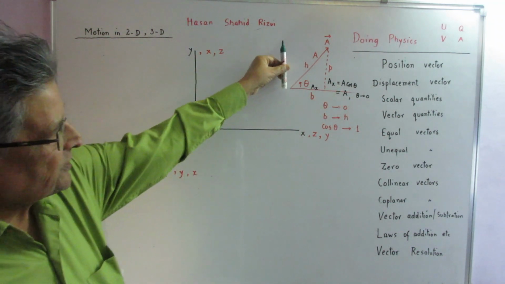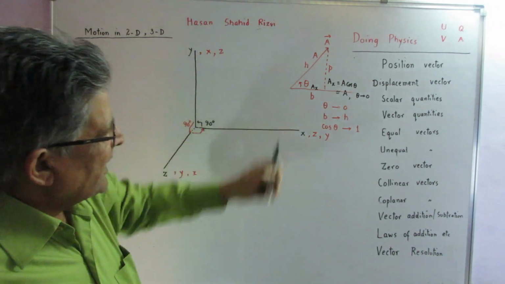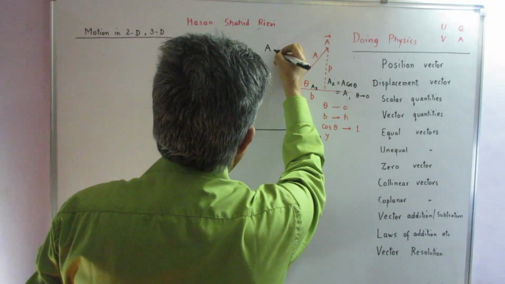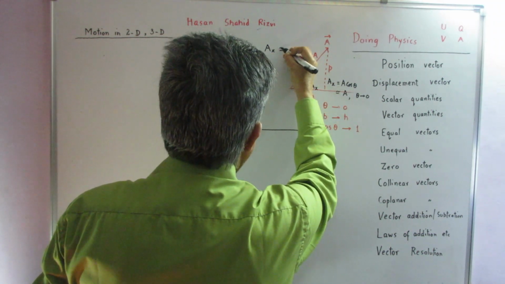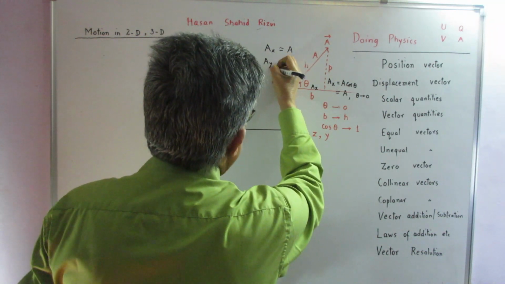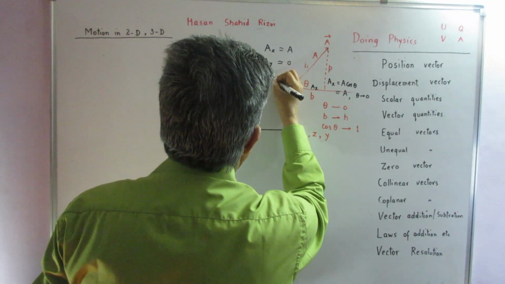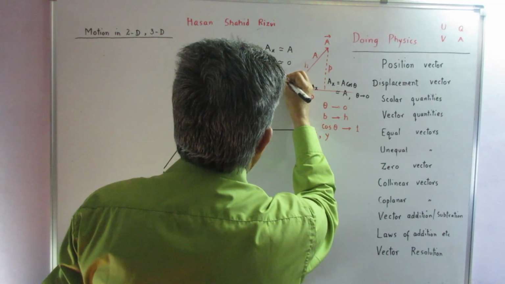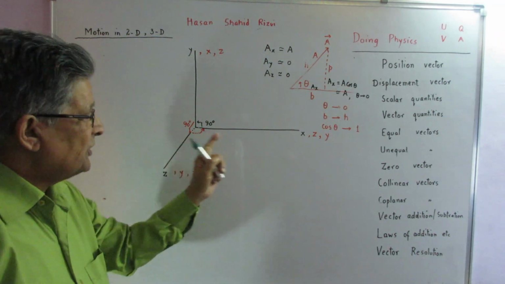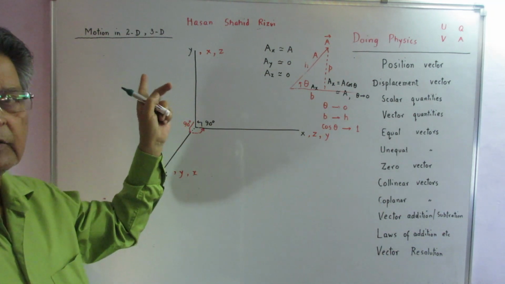So AX is approximately equal to A, AY, the component along the y-axis, is approximately 0, and AZ, the Z component, is also approximately 0. Therefore, if there is a vector along the x-axis, it has no component along y and z.